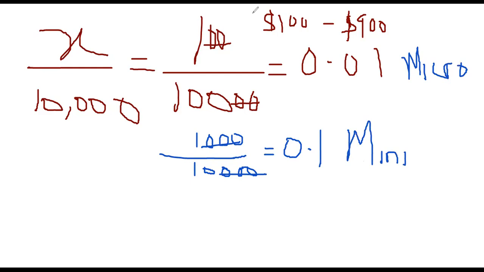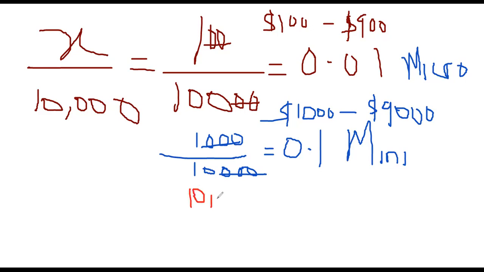And a mini lot size ranges from $1,000 to $9,000. So a standard lot size is a lot size that ranges from $10,000 upwards.